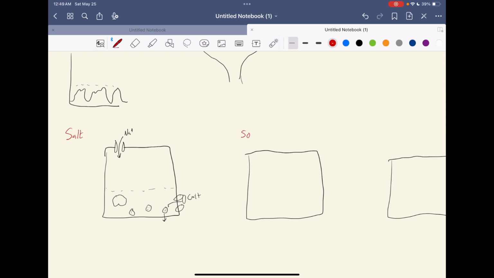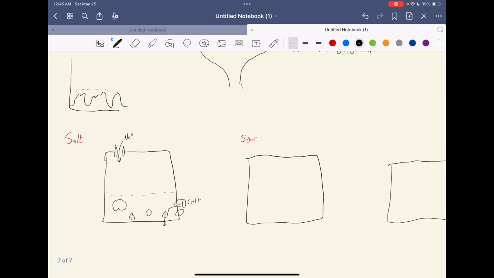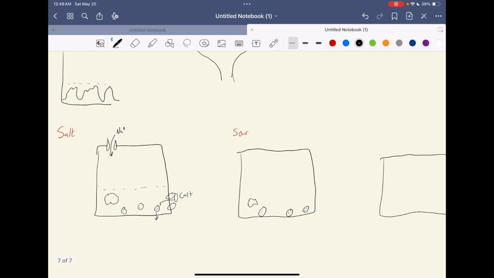For a sour taste cell, again, we've got that sarcoplasmic reticulum and some vesicles ready to be released. We have the same situation where we have an ENaC channel up here. Let me write that, ENaC channels. And that ENaC channel for sour will let hydrogen in. And just like in most cells, there are potassium leak channels here.